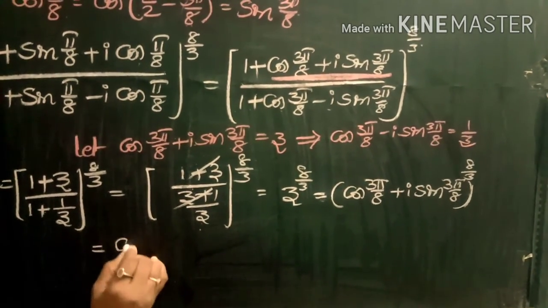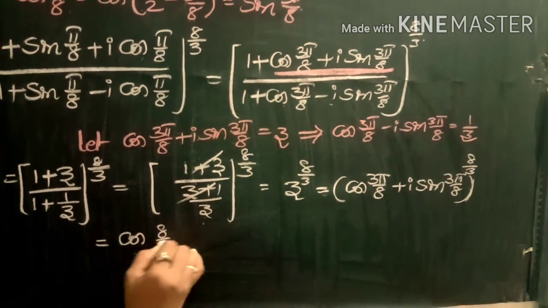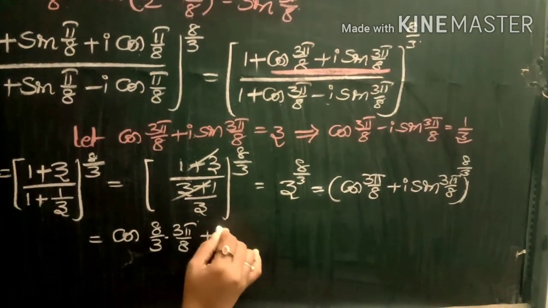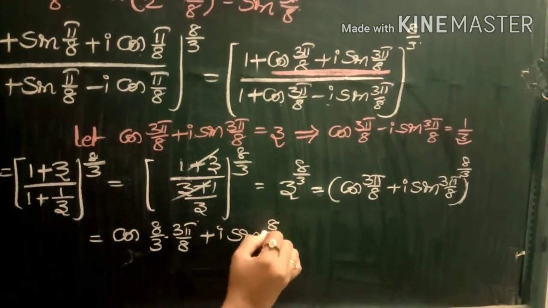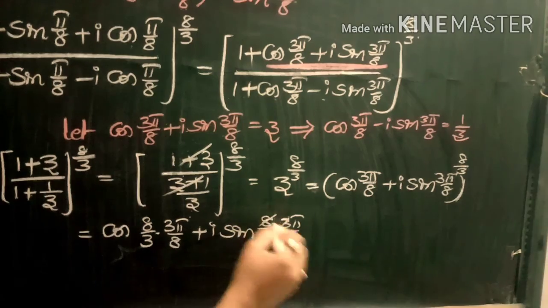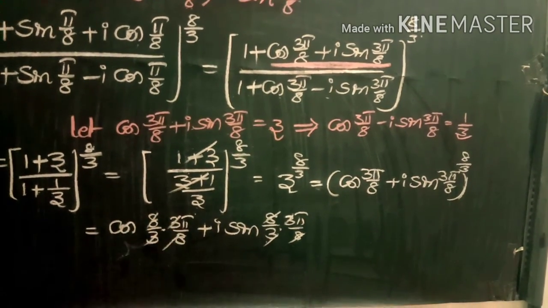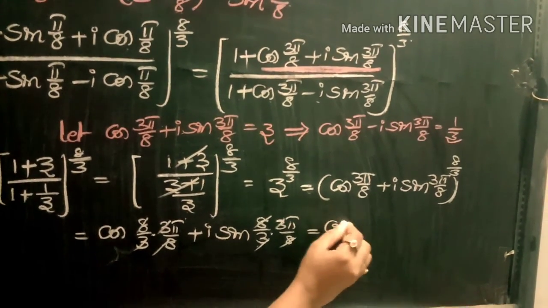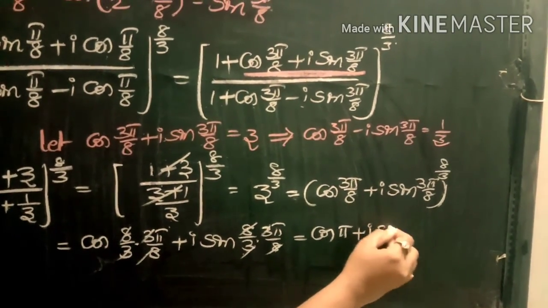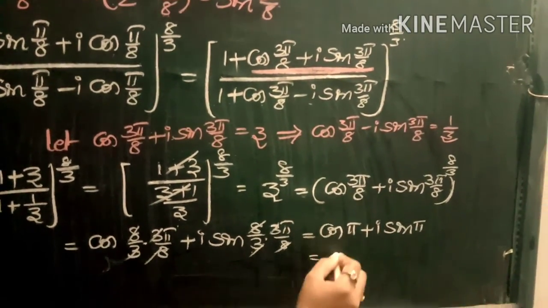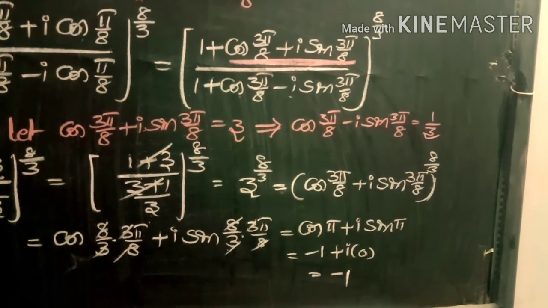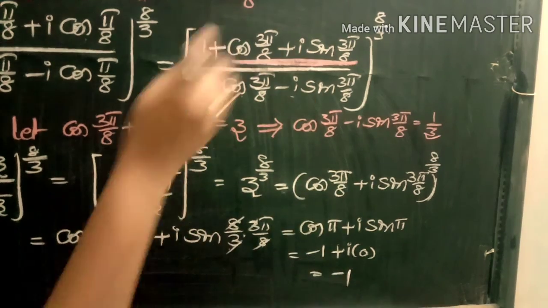Now this is cos nθ, that is 8/3 × 3π/8, plus i sin nθ, 8/3 × 3π/8. Now here 8 and 8, 3 and 3 get cancelled. The remaining terms are cos π + i sin π, but the value of cos π is equal to −1, plus i into sin π value 0, that is −1, which is equal to the RHS.